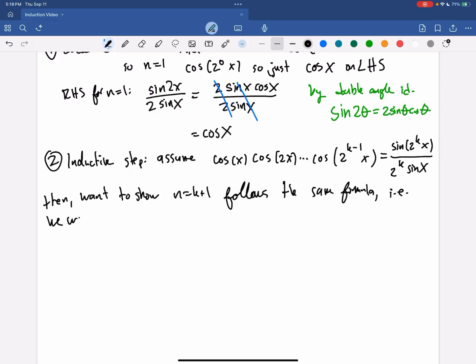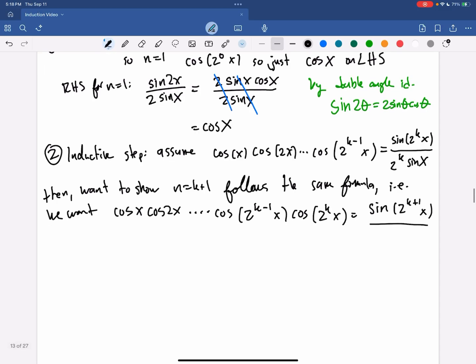So we want that cos x, cos 2x, all the way up to cos 2 to the k minus 1 x times cos of 2 to the k times x is equal to sine of 2 to the k plus 1 x over 2 to the k plus 1 sine x.